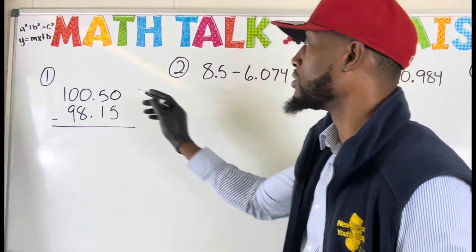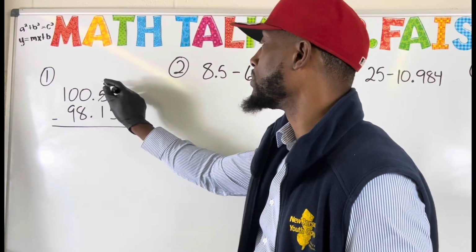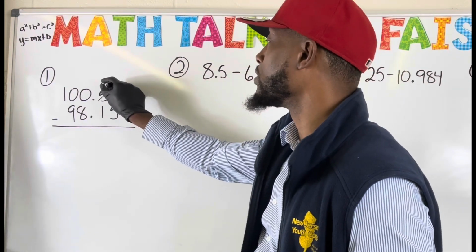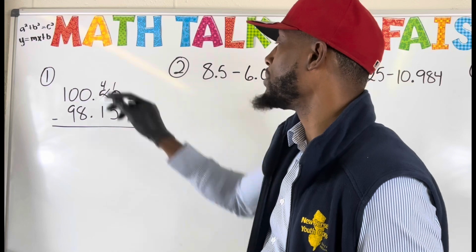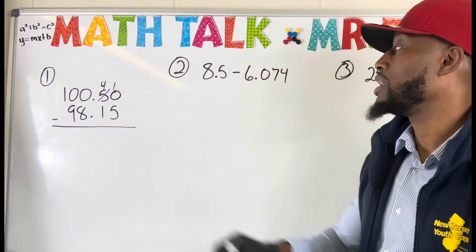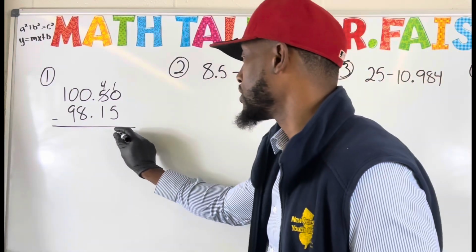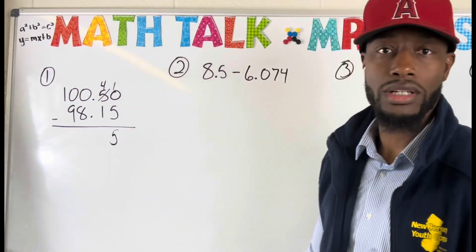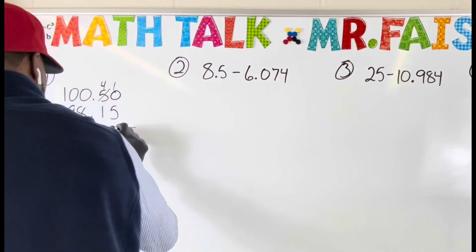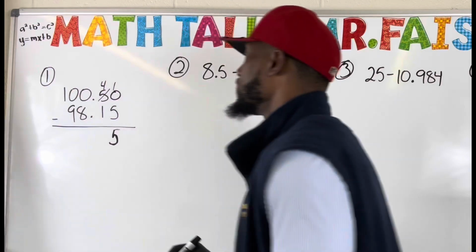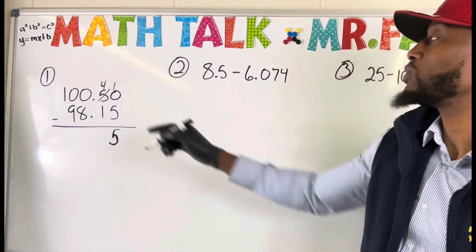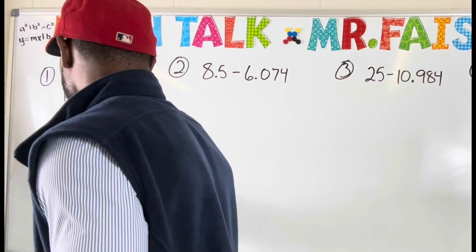So I have to borrow from this 5. Now that 5 becomes a 4, and that becomes 10. 10 minus 5 is 5. 4 minus 1 is 3.